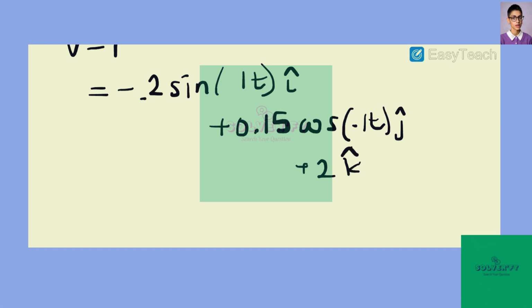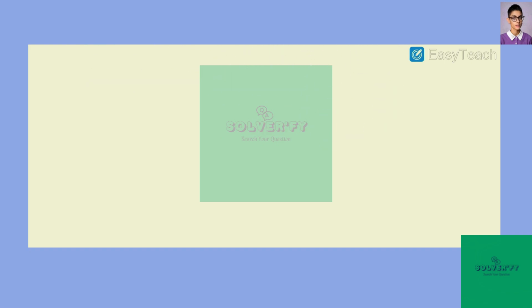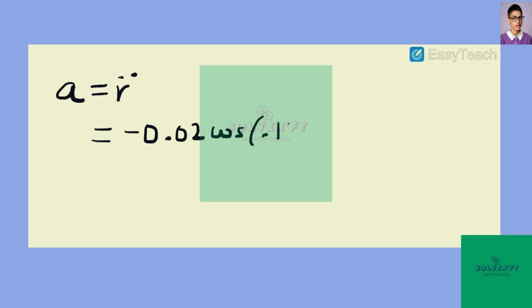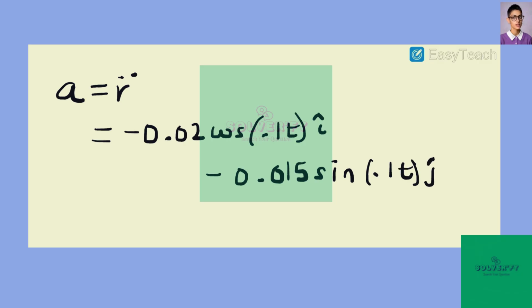Next, we're also going to get our acceleration vector, which is just going to be r double dot, so the second derivative of our position vector, and this will give us minus 0.02 cosine 0.1t i hat minus 0.015 sine 0.1t j hat.